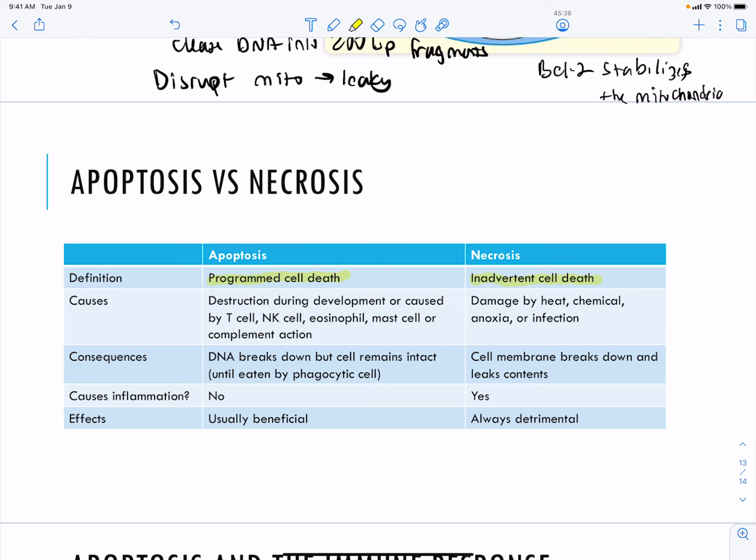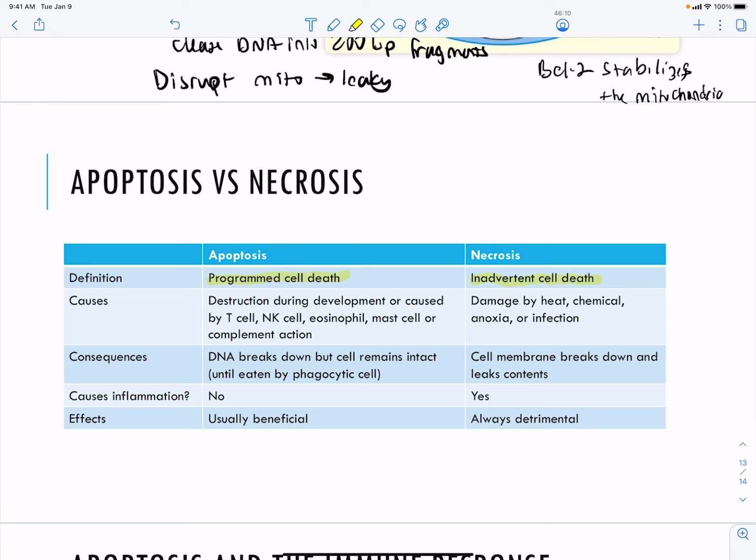It's also used normally for the contraction of the immune response, the T cell and NK cell killing that we just discussed, etc. In programmed cell death, the DNA will break down, but the cell remains intact until the phagocytic cell comes along because of phosphatidylserine on the surface and eats the cell. There is no inflammation. It's a quiet type of death, and usually it has no adverse effects to the host.